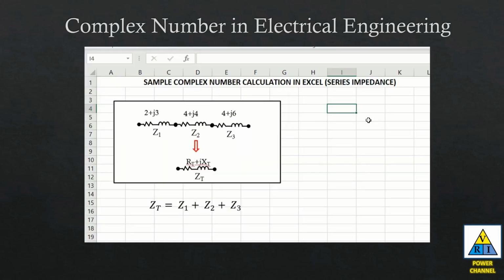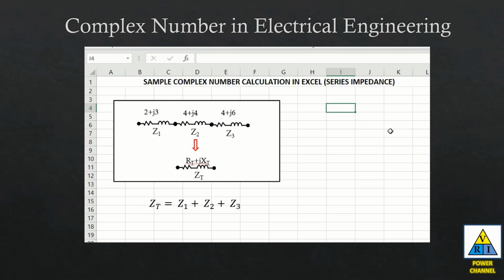Here, we have a sample complex number calculation of series impedances in Excel. So we have Z1 in series with Z2 and in series with Z3. To compute the total impedance ZT, we have ZT is equal to Z1 plus Z2 plus Z3.